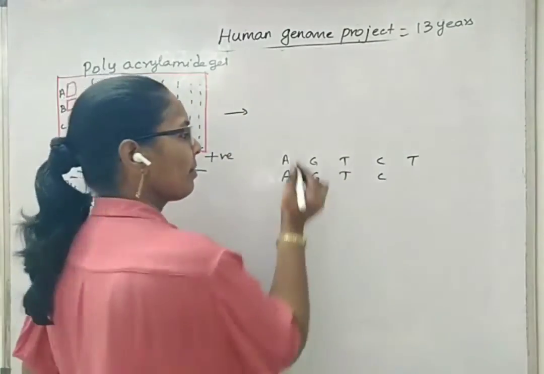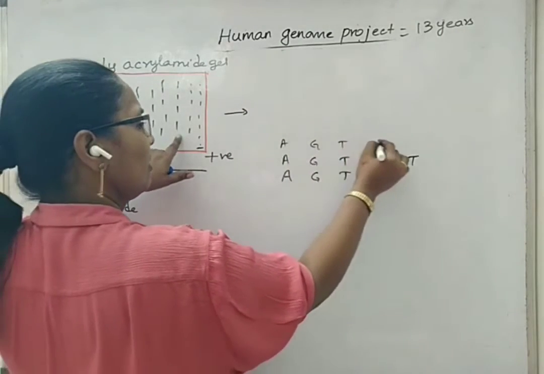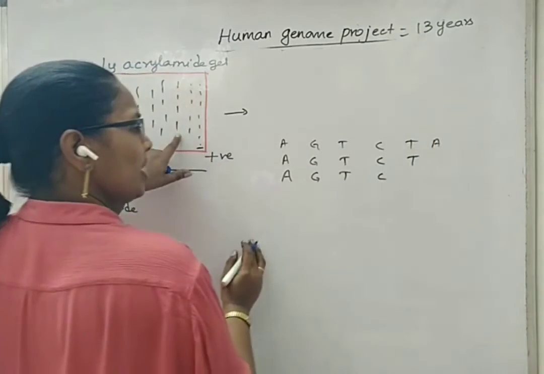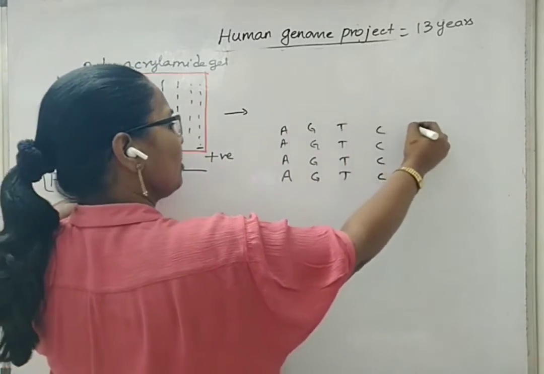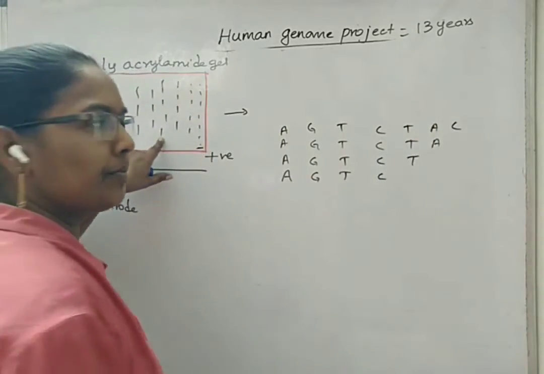Again, the third one, adenine, guanine, thymine, cytosine, thymine, has another nitrogen base extra. The next one, adenine, guanine, thymine, cytosine, thymine, adenine, has one more. It can be any of the base pairs.